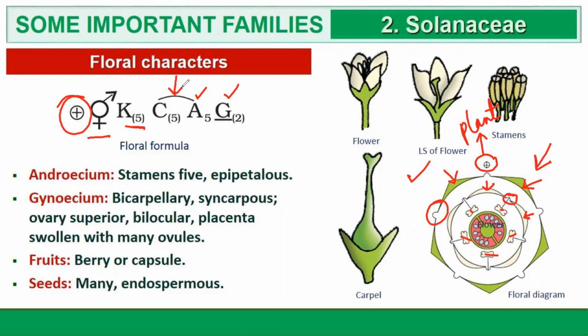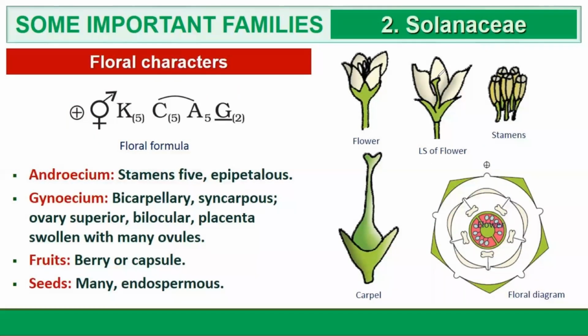It is a connecting link between C and A. That means calyx and corolla. If you observe them, the calyx, the corolla and androecium are connected to each other. Anther is attached with petals. That's why the connecting link line is used here.